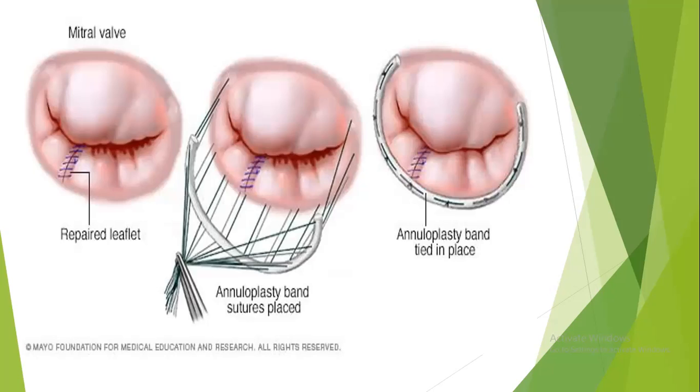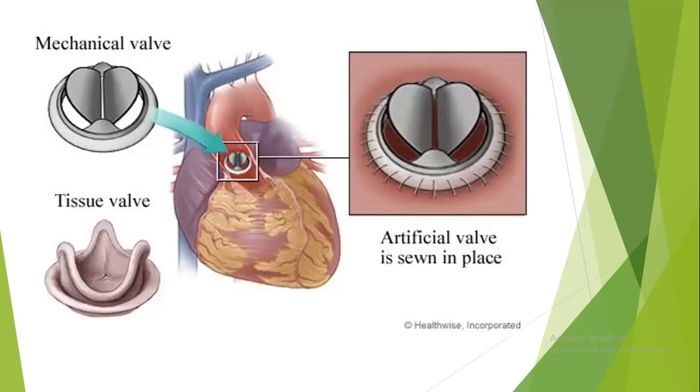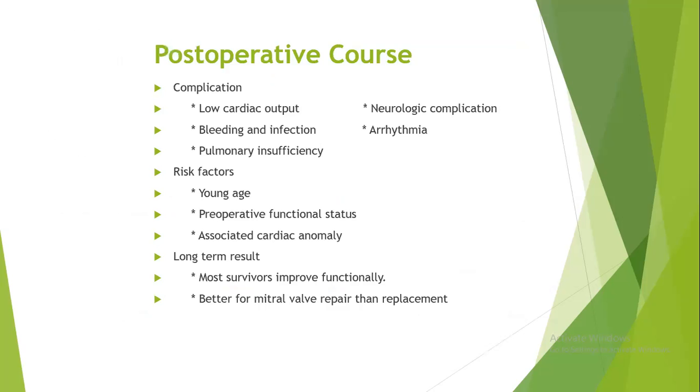Here is a picture of a mitral valve being repaired and an annuloplasty band being sutured and placed. The next slide is of a mechanical valve and a tissue valve, which are used in mitral valve replacement. With postoperative complications, there's usually low cardiac output, bleeding and infection, neurologic complications, arrhythmias, and pulmonary insufficiency.